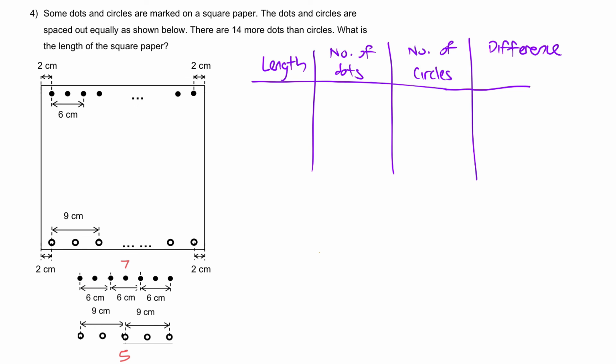Okay, for every 18 centimeter, we will have, as mentioned, 7 dots and 5 circles. 7 dots, 5 circles, and the difference will be 2. Let me maybe write cm. If the pattern continues, 3 dots to show that it's continuing.